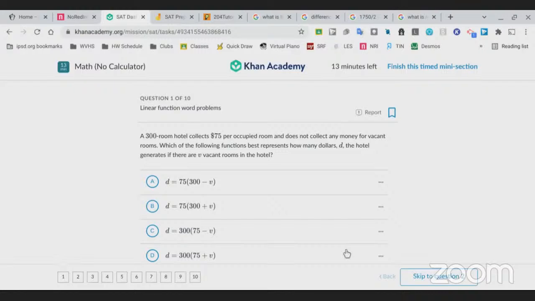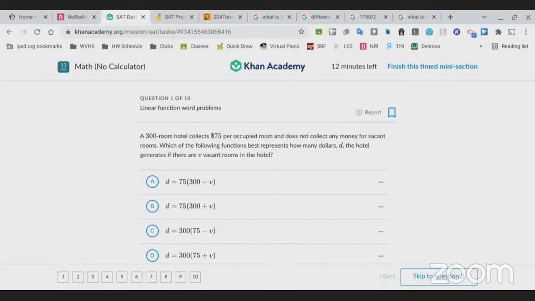And here's why. How many rooms are they getting money for at the hotel? Only the rooms that are occupied. Good. What expression would represent that? What's the total number of rooms they have? 300. And how many are vacant?